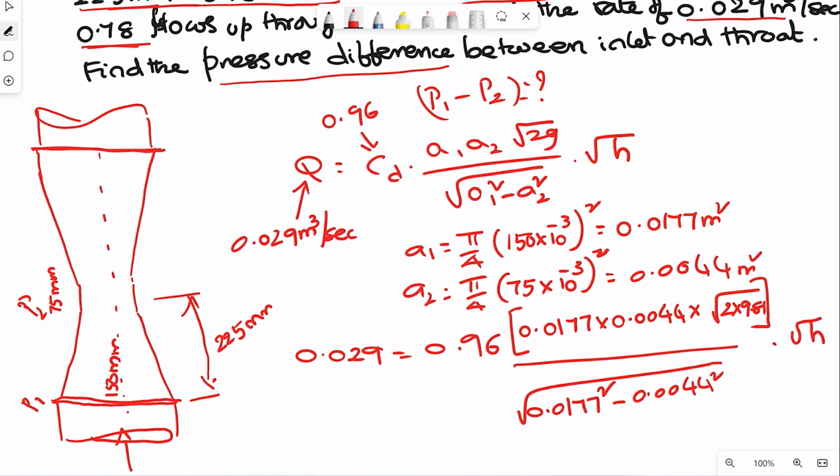Except h, all are known. So find out what h is. h is equal to 2.254, basically meters of oil.